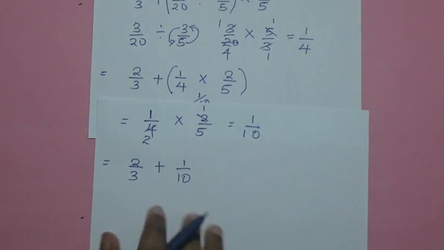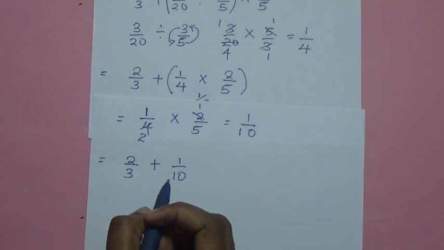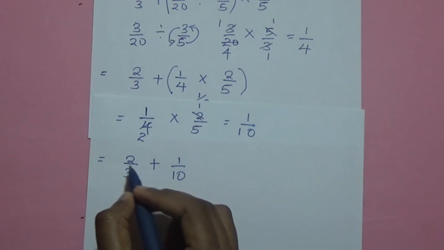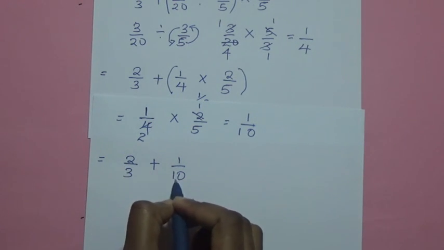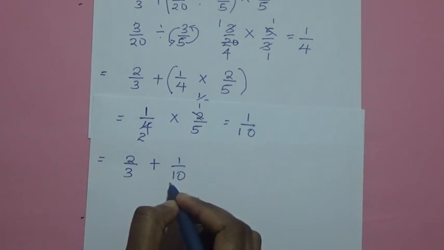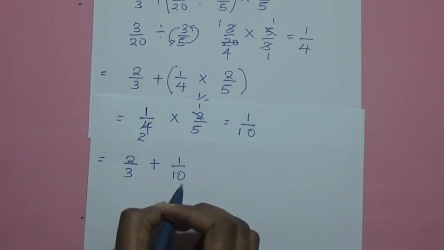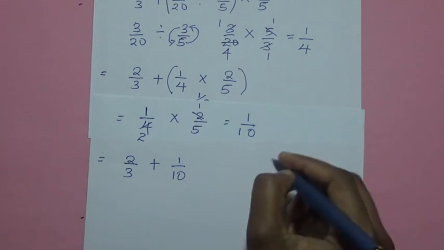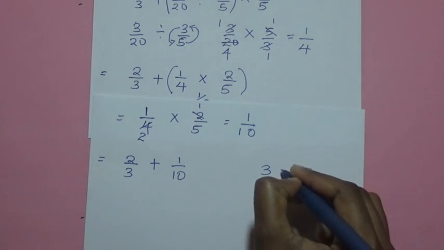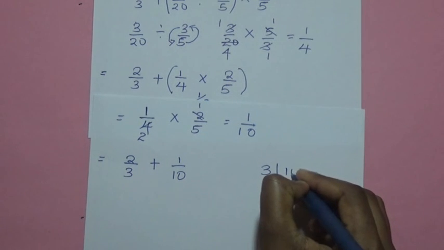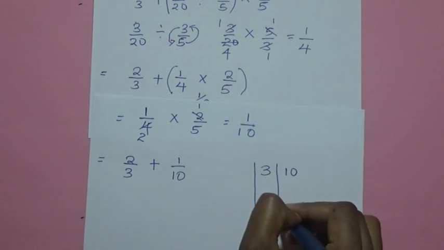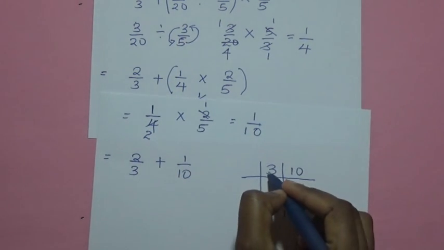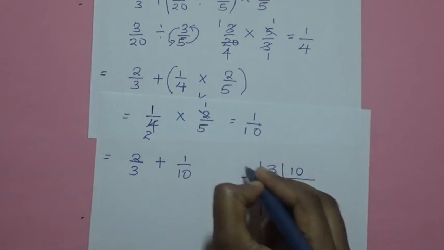Now, in the final step, we are going to add this, and the answer we get will be the final answer. So, to add 2 over 3 plus 1 over 10, we need to find the LCM, as we did earlier, of the denominators. In this case, we have 3 and 10. So we find the LCM of 3 and 10. 10 can be divided by 2.